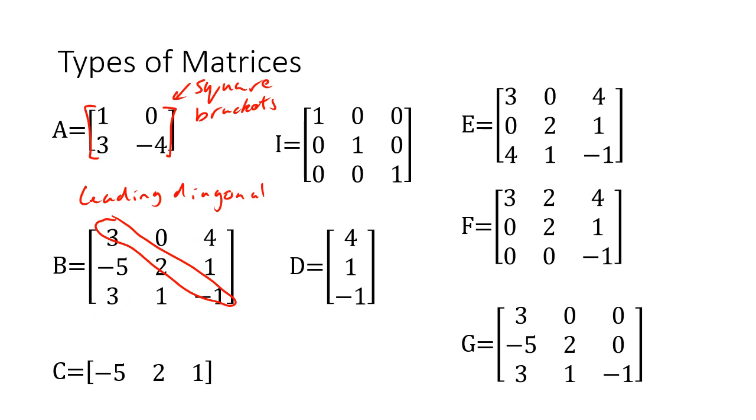The leading diagonal. We've had square matrices. This one is a row. Number C is a row matrix. And you can also see it's actually the second row from B, so it can be a sub matrix. And D, it's only got numbers in the column, so it's a column matrix.